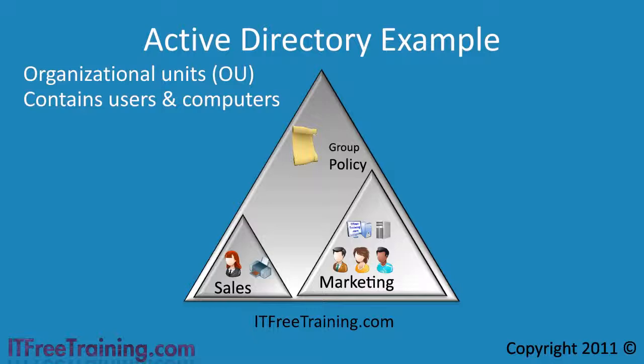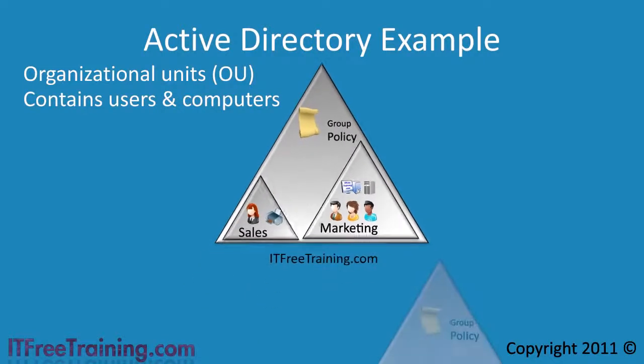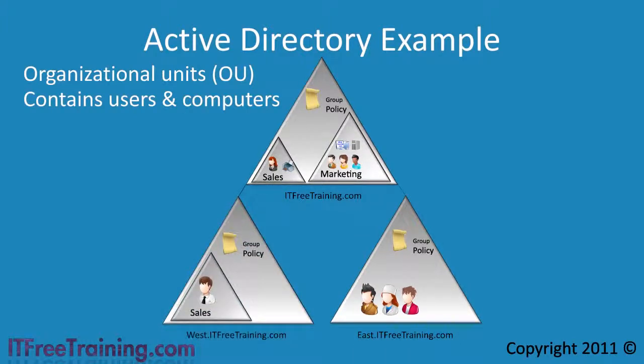Active Directory is able to expand further by having child domains. These child domains can share resources with each other and replicate information between each other. This is where the power of Active Directory comes from. Active Directory is able to keep a database in multiple locations, replicate the changes between these locations, and also have multiple domains sharing the same resources.